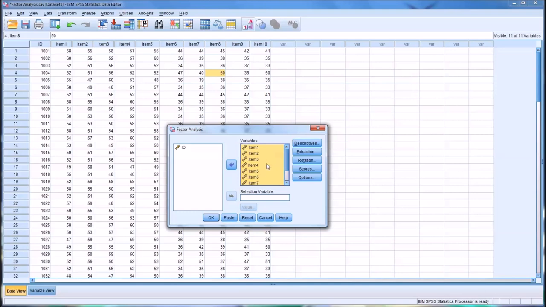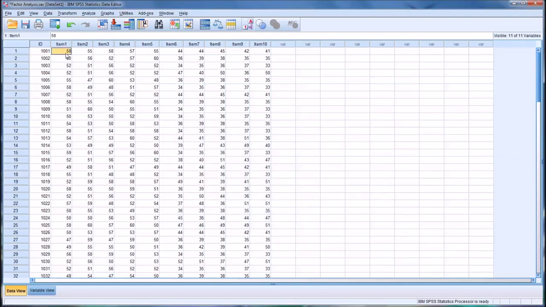So in a factor analysis, all the individual values for the different items are actually loaded into this variables list box. So to go back for a second, these items are actual scores.